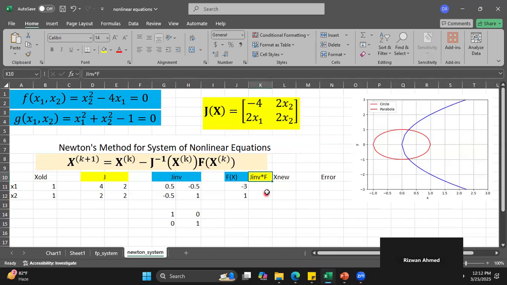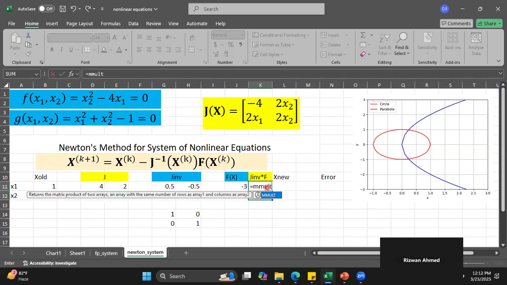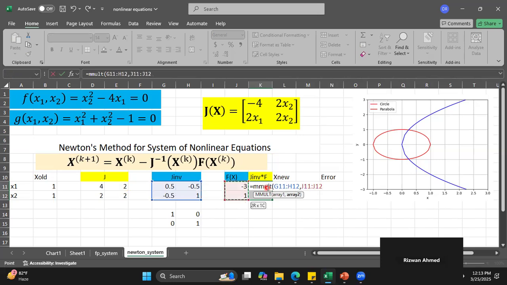Since I'm going to use the function, I would like to write it clearly. A matrix multiplied to a vector is going to have the shape of a vector. So I reserve two cells in column shape, and I write matrix multiplication.